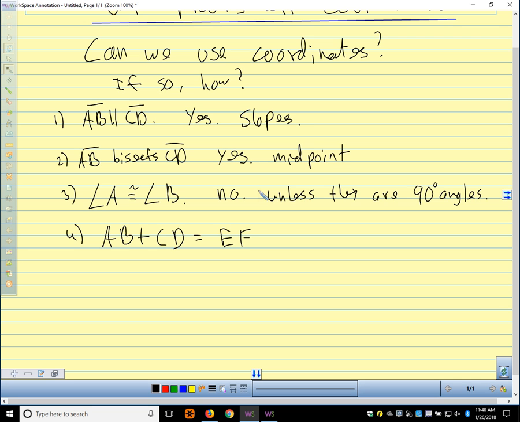So this is saying the length of AB plus the length of CD equals the length of EF. Can we use coordinates to do that? Yeah? Doesn't distance formula tell us about lengths? Yes. We would use distance. We'd find the length, use the distance formula on AB, the distance formula on CD, distance formula on EF, and see if you add those two together, you got that.